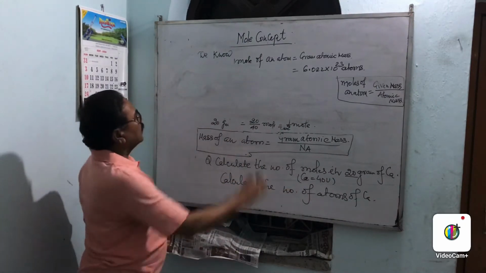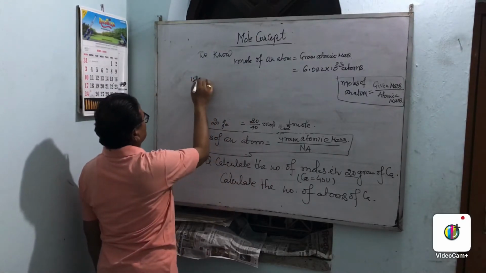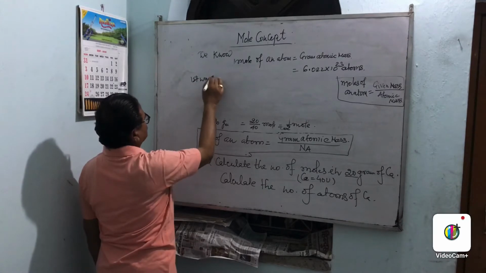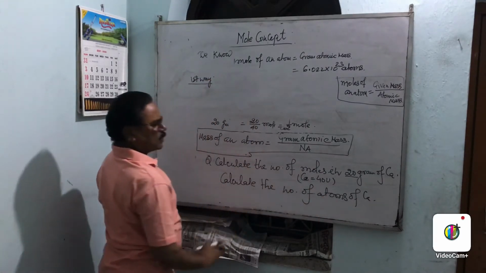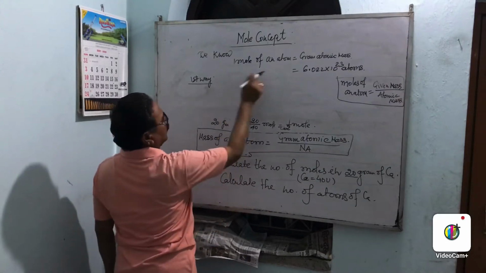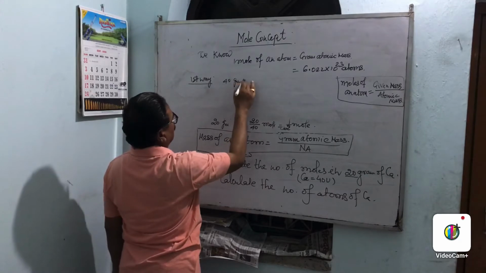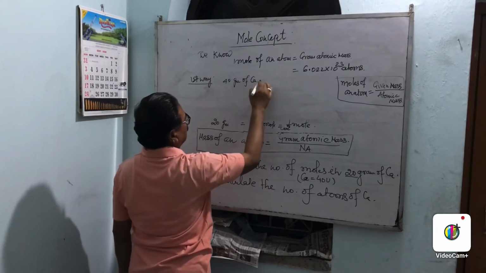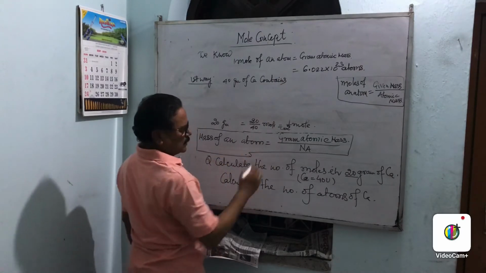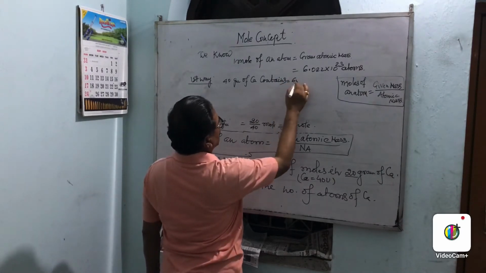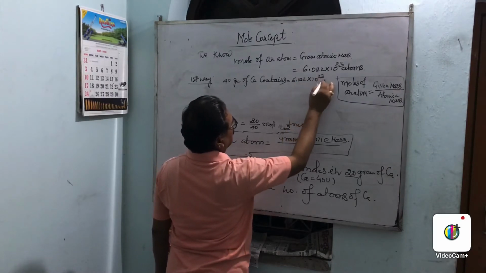From this concept, suppose the first way: gram atomic mass, we have to calculate the number of atoms. 40 gram is the gram atomic mass of calcium, and 40 gram of calcium contains 6.022 into 10 to the power 23 atoms.